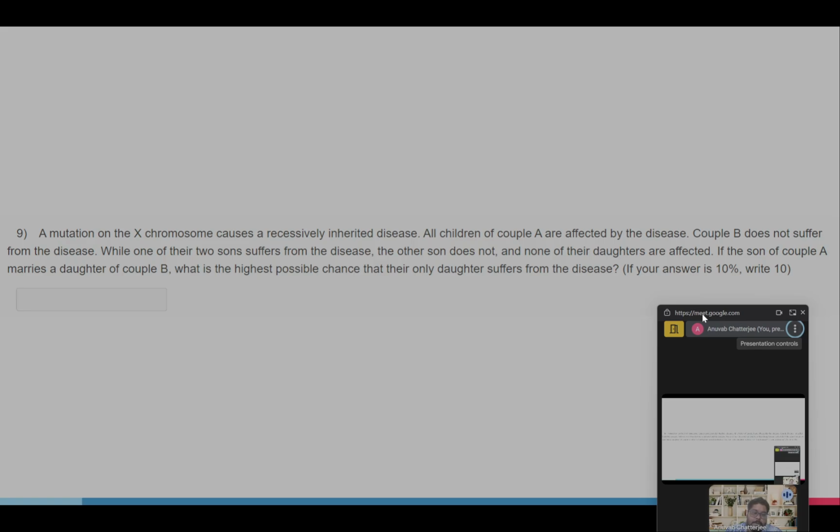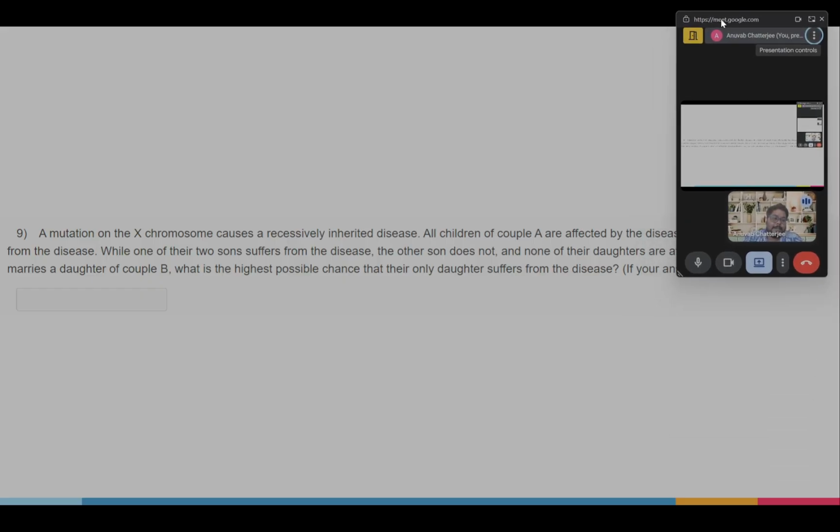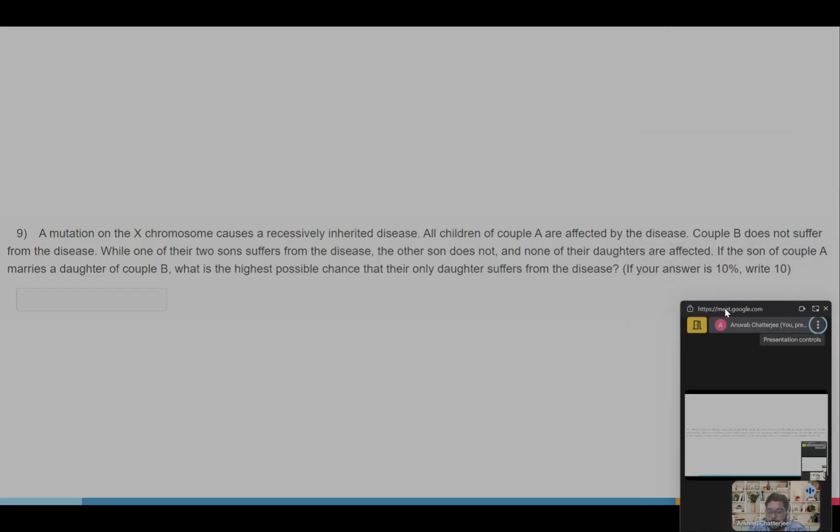So this is essentially an X-linked Punnett square. I imagine that you have gone through the lectures and you know how to do it. So I will give you a minute to try and do this, and then we will solve it together if you are not able to.